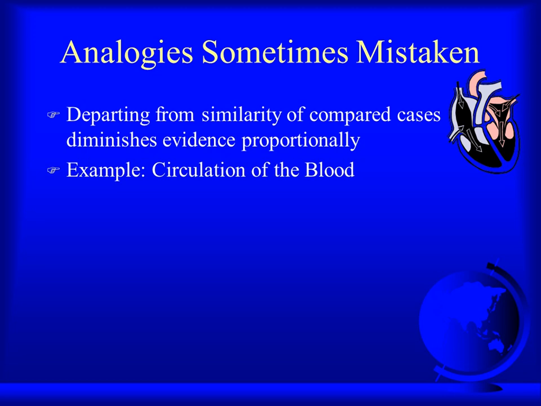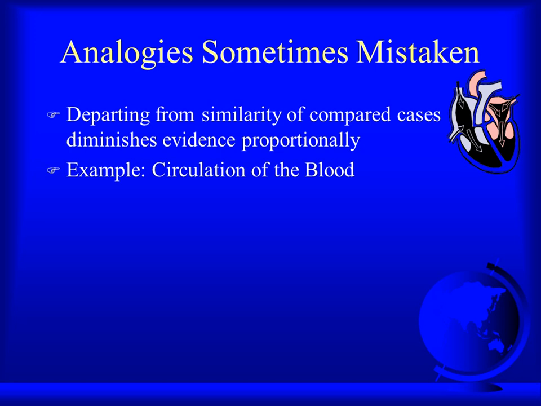But Hume goes off to try to educate his readers on what makes a good or a bad analogy. And what he says is, if you depart from the similarity, if you're comparing things that are not as similar, then your conclusion and your whole argument is much weaker, right?